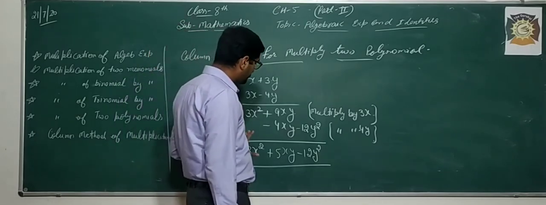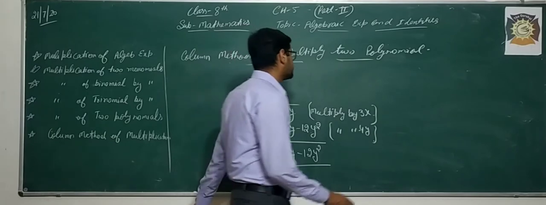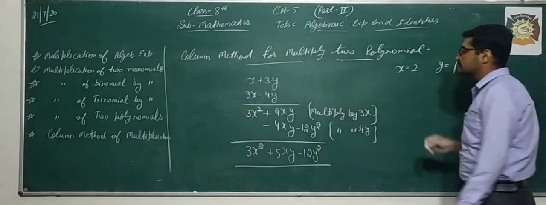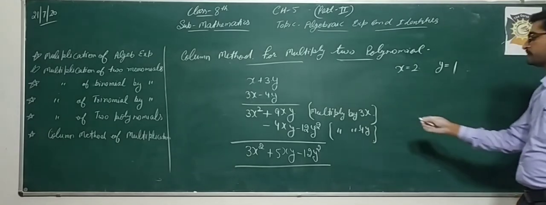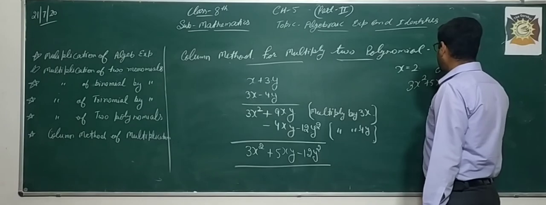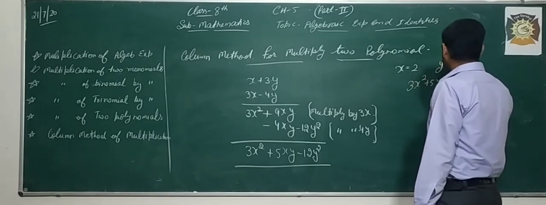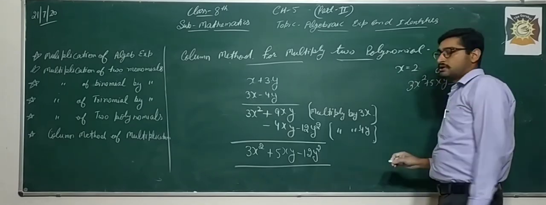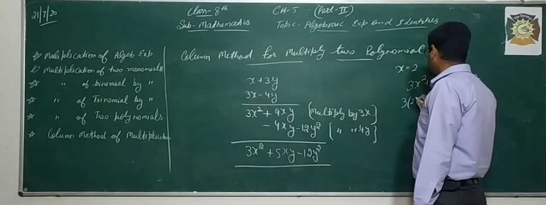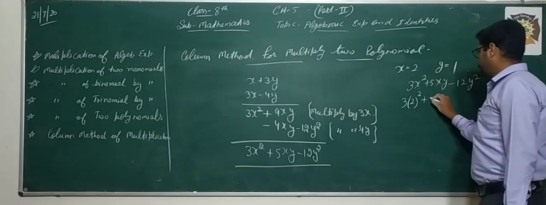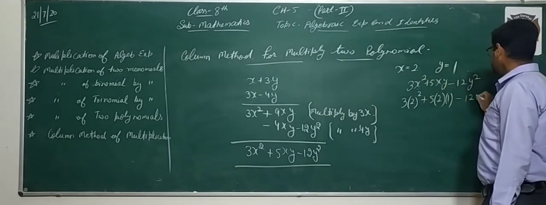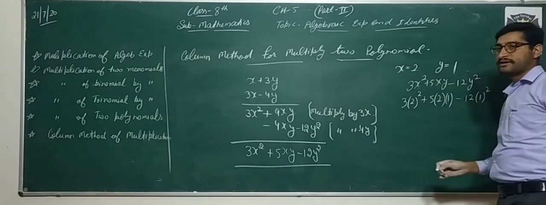But suppose we have to find the value of this answer at x equal to 2 and y equal to 1. So what will we do? We will write it as 3x square plus 5xy minus 12y square. We will put x as 2. This will be 3 into 2 square, 5 into 2 into 1 and 12 into 1 square.